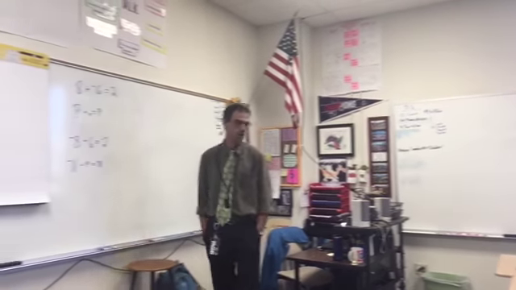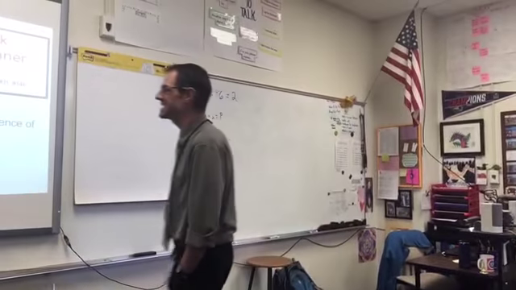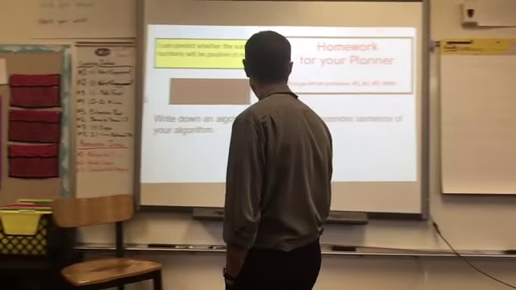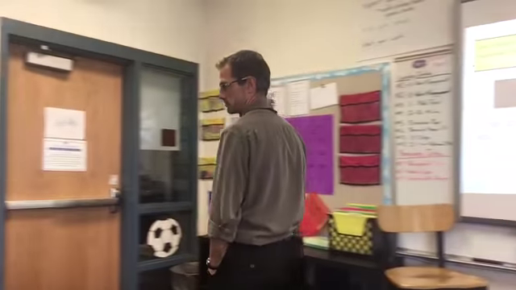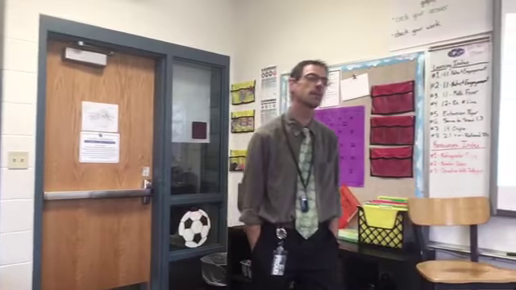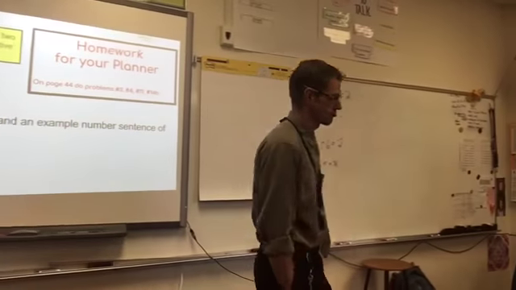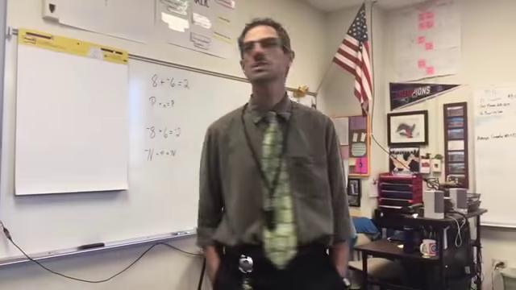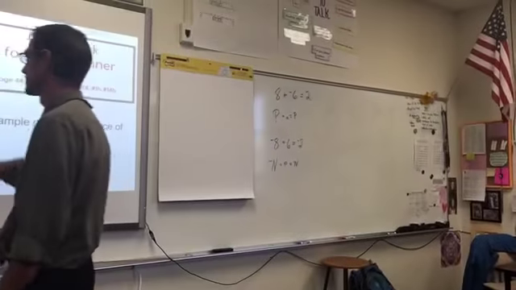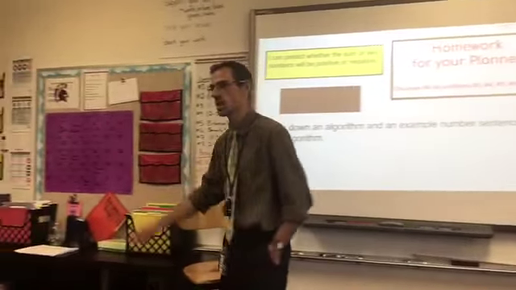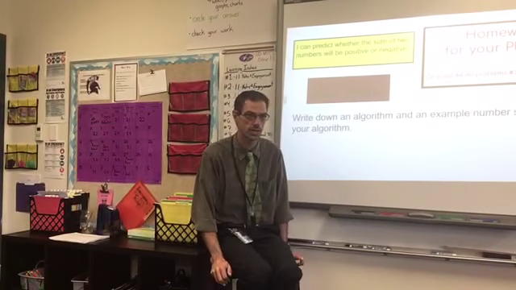Exit ticket. Write down an algorithm and an example number sentence of your algorithm, just like you had to do in A3. Algorithms help us predict whether the sum of two numbers is going to be positive or negative.